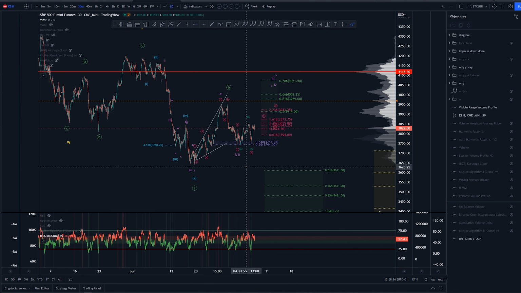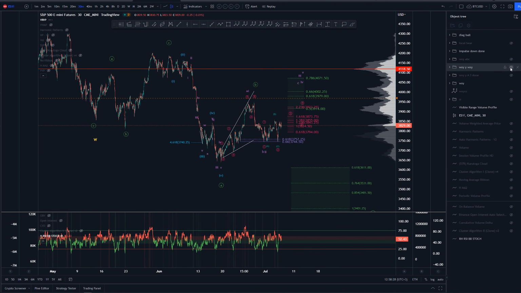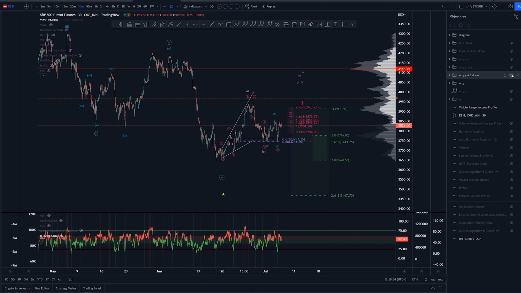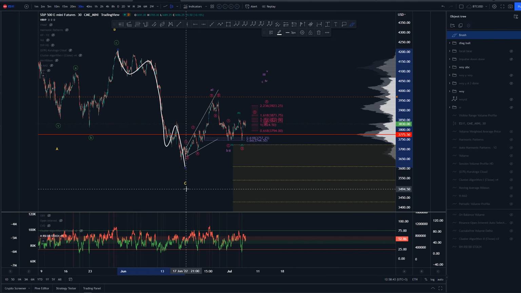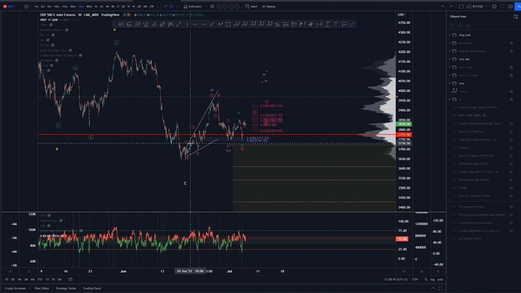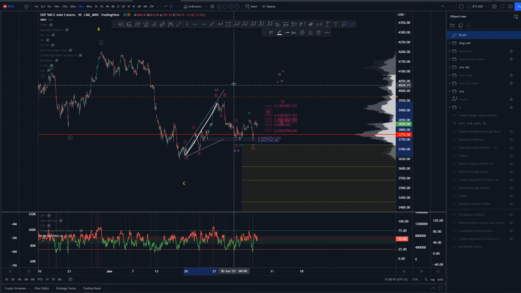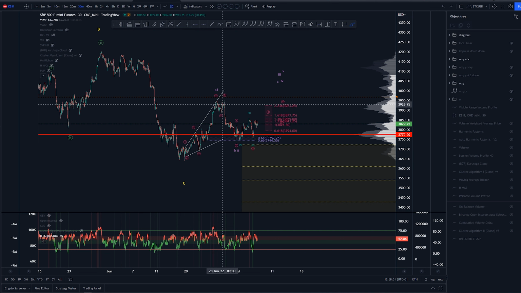Let's check out the bullish idea, in which we don't have this as an AB. Instead, we would have this as something either this, or saying that we indeed completed something larger in here as a C wave. Then we could be looking at this as an expanding diagonal, as a 1, 2, 3, 4, 5 into a wave A or wave 1.